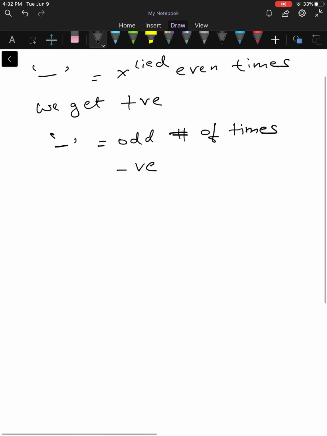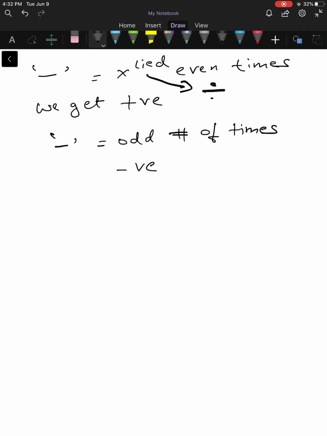The same thing applies to division as well. If you have a negative sign while dividing an even number of times, like 2 times, 4 times, you will get a positive sign. So it is not just multiplication, it applies to division also.